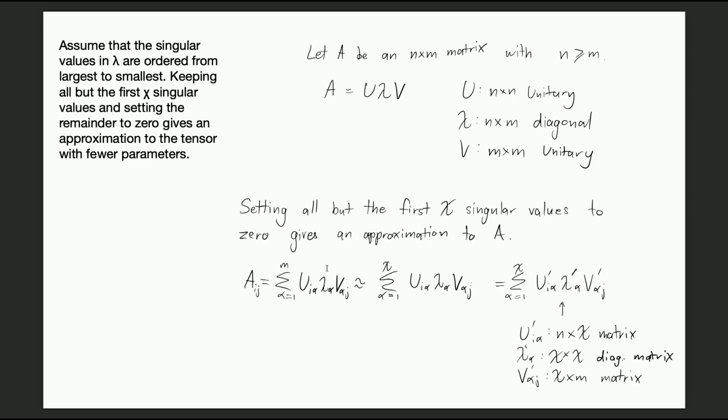This gives you a compression of the matrix. Rather than storing the whole unitary matrices, you only have to store the columns or rows of those matrices corresponding to the non-zero singular values. While we originally had an n by m matrix, the compressed version of U will be an n by chi matrix, where chi might be a lot smaller than m.